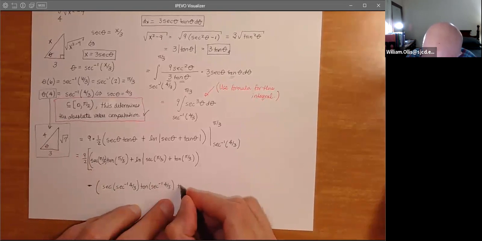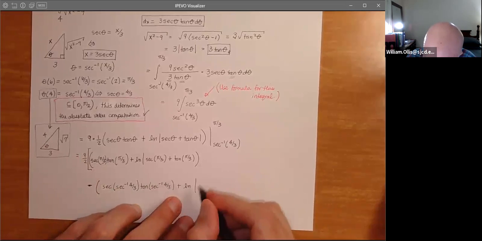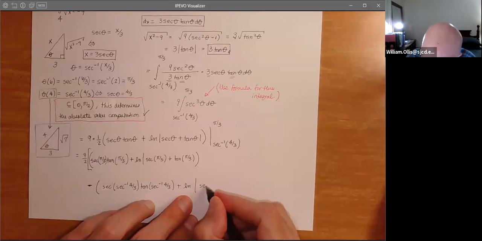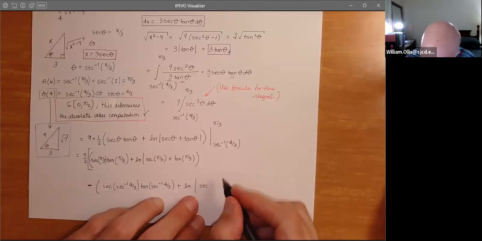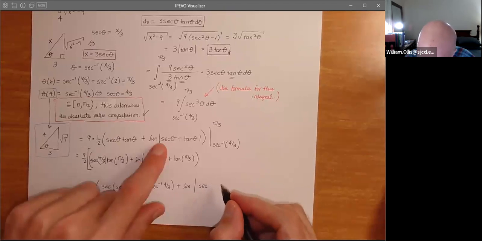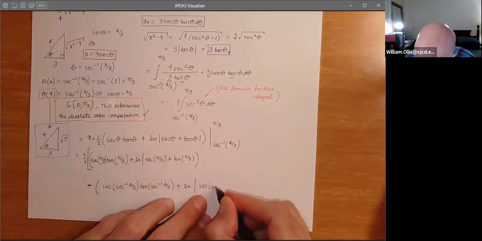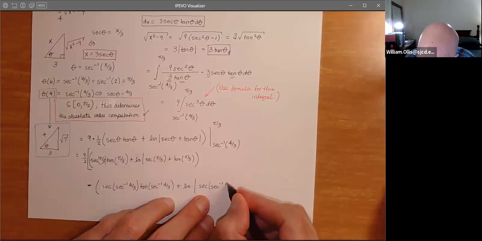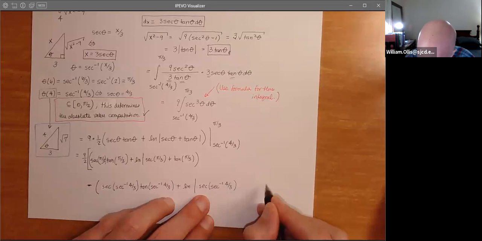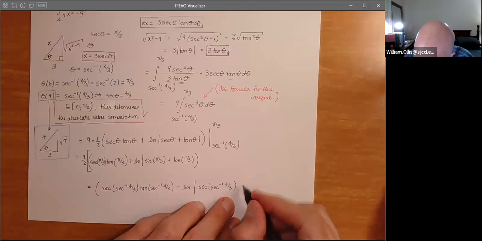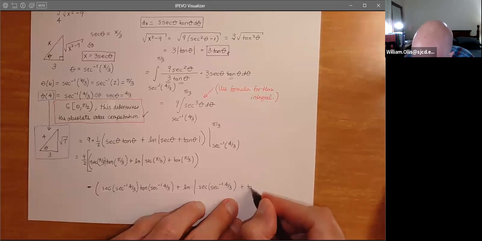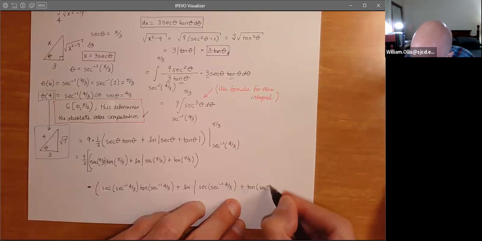And then plus natural log. Again, we'll have secant of, in this case, inverse secant, same thing again. I want to write this out so you see exactly what I'm doing. And then, of course, we have the same thing here, plus tangent of inverse secant.